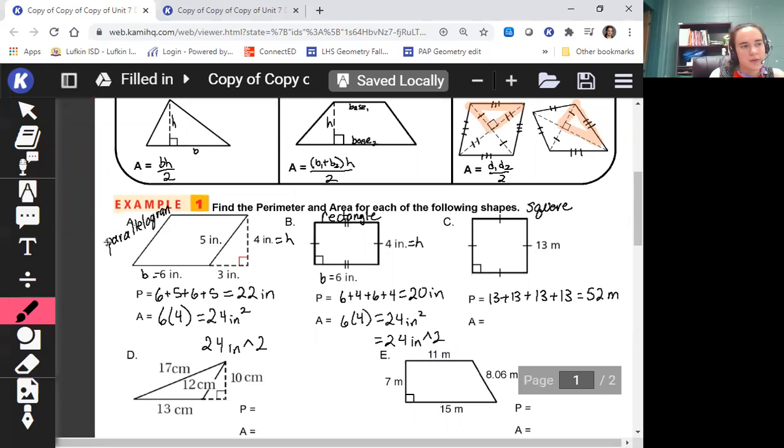And then for area of a square, remember it's our side length squared. So 13 squared. And 13 squared is 169 meters squared. Again, if you're typing it in on computer, 169 m, your caret symbol, 2.